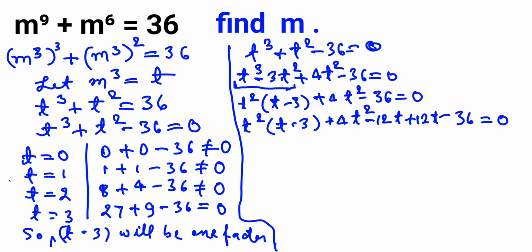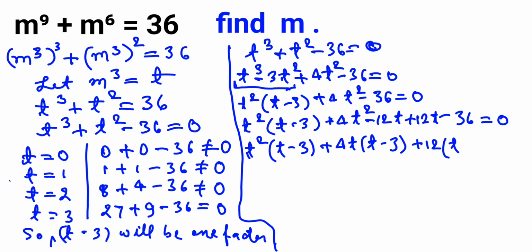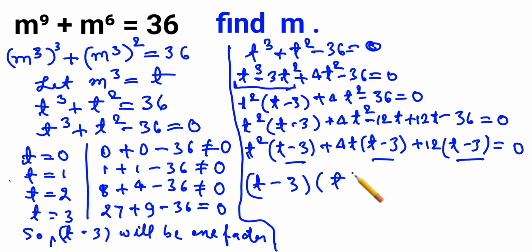Next step we write t square (t minus 3) plus 4t (t minus 3) plus 12 (t minus 3) is equal to 0. Taking t minus 3 as common, we have (t minus 3)(t square plus 4t plus 12) is equal to 0.